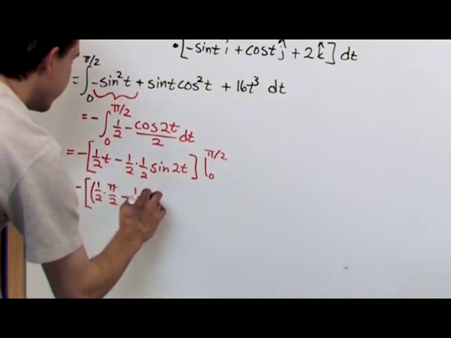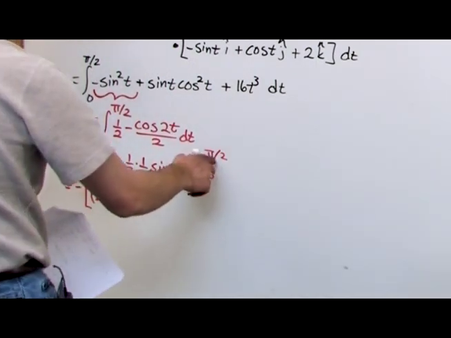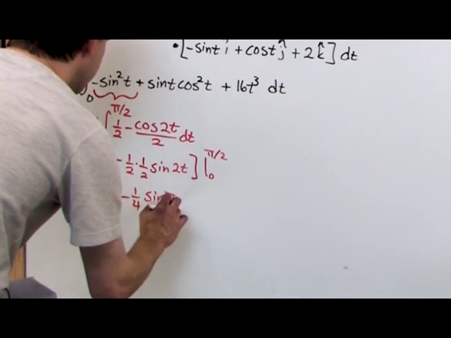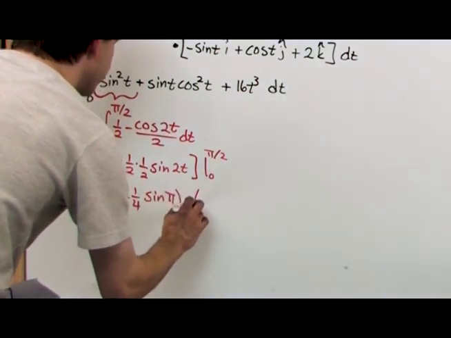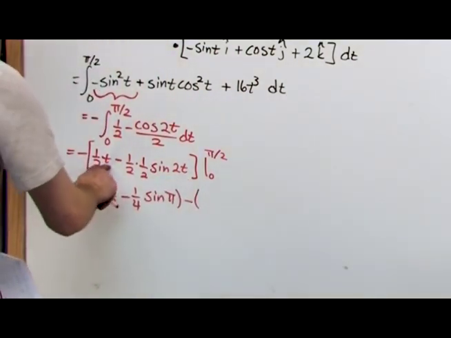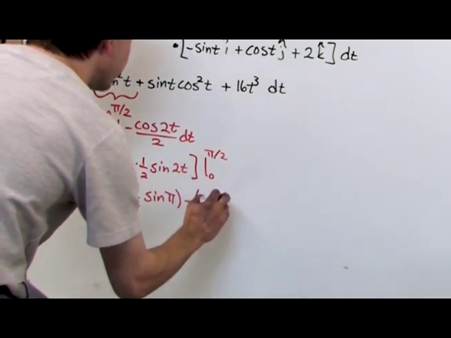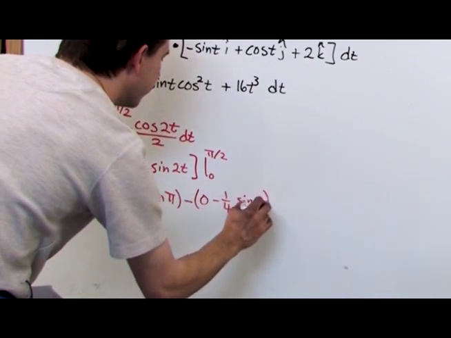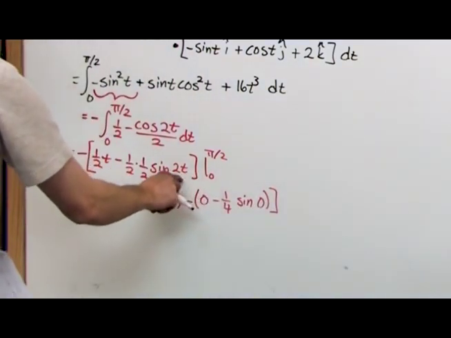And you're going to have sine of 2t, but I'm multiplying by pi over 2 here, so it's going to be sine of pi, minus, over here, 0 being plugged in, 1/4 times the sine of 0.